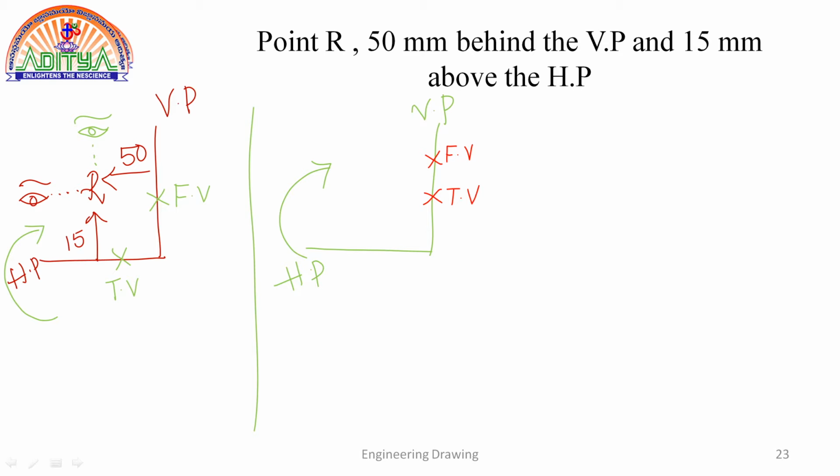If you are seeing from the front view, which dimension is visible? 15 mm. And in the top view, which dimension is visible? 50 mm. Both views are above the reference line. Now we will draw the final solution for point R.